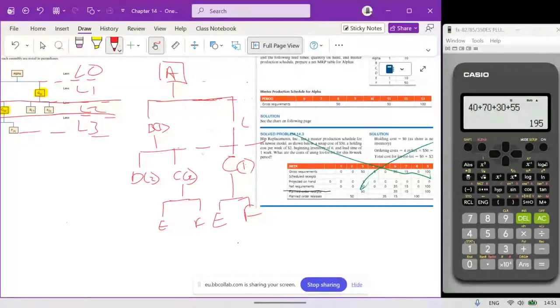This is level 1 and level 0, level 2, then level 3. So C needed to shift. So this is how it shifted.